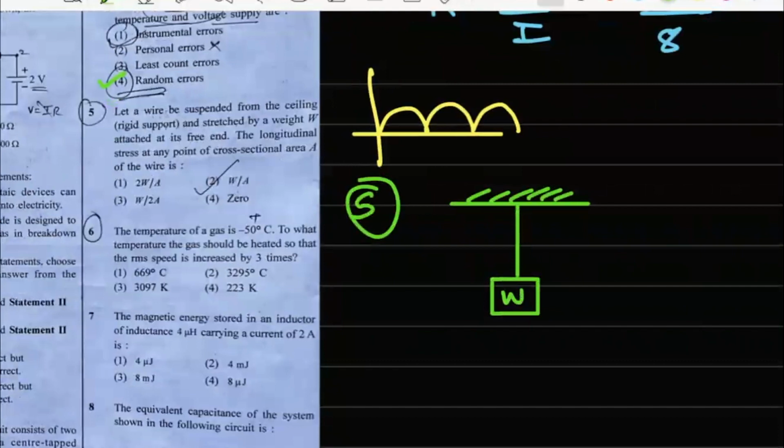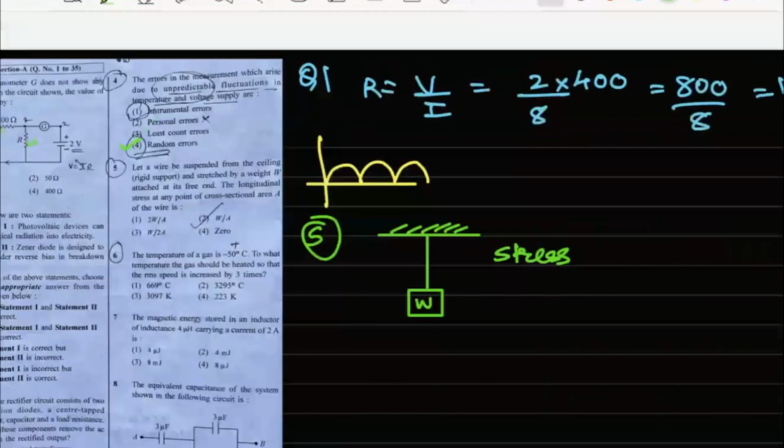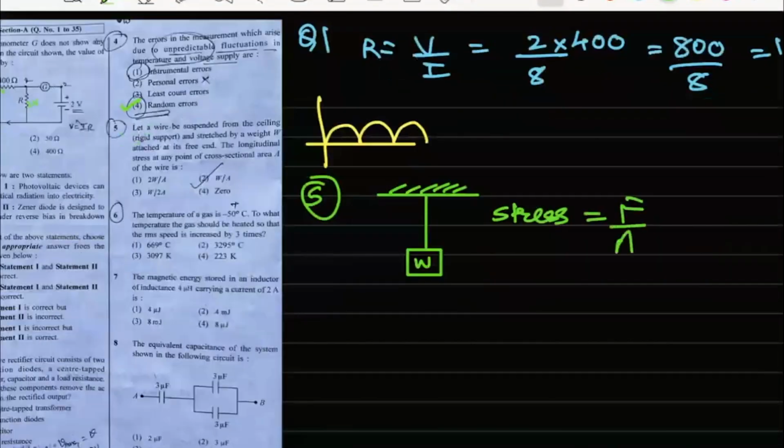Longitudinal stress is basically stress along the length. Stress is force upon area, and the force which is pulling the wire down is the weight W. So W upon area. Now their question is, what is the stress at any point. So whether it is here or here or here, at any point of the wire, what is the stress?